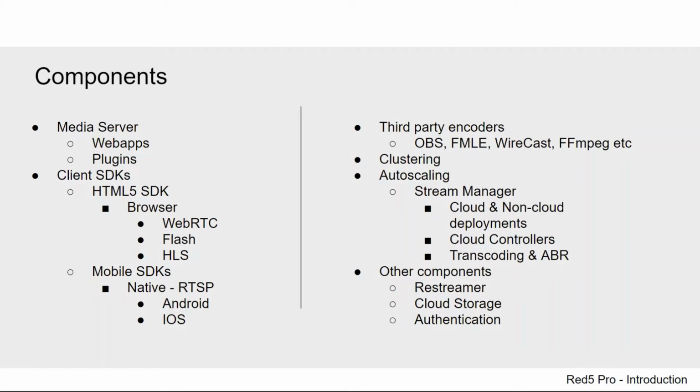Under the stream manager, there is something called controllers. So controllers, or cloud controllers as they are called, are components that interact directly with the cloud platform, or the platform where you have deployed your instances.